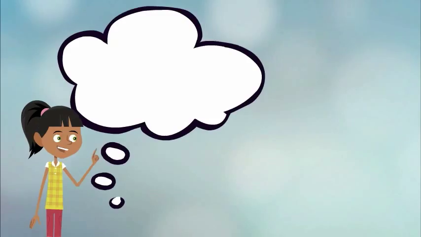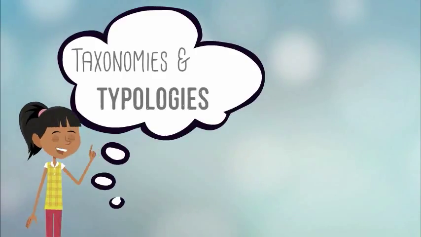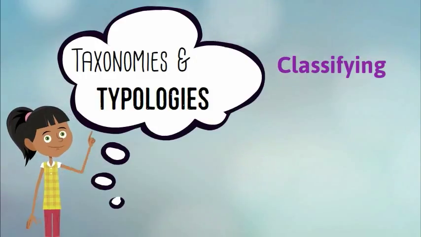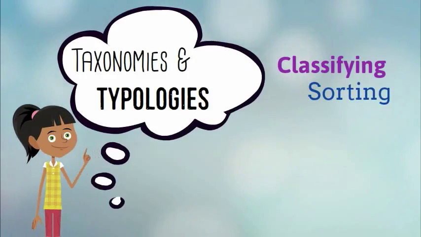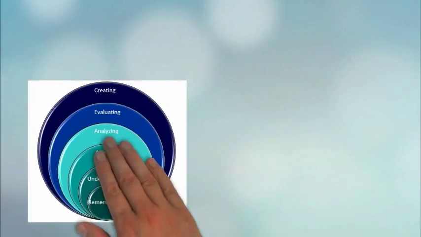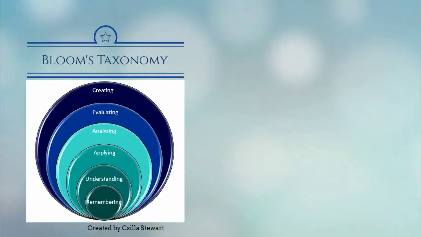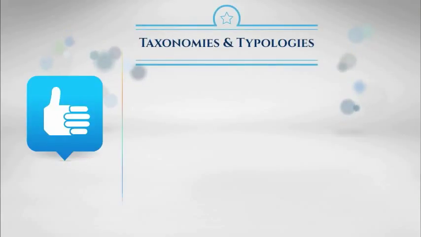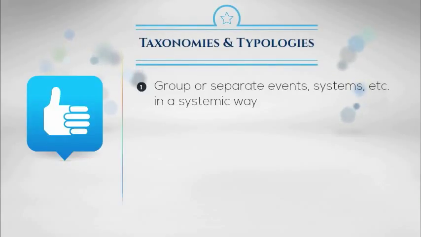The last tool I wanted to talk about are taxonomies and typologies. These are ways of classifying or sorting things or events according to a set of observable criteria. For example, the Bloom's taxonomy or biological taxonomies. Taxonomies and typologies allow us to group or separate events, systems, according to a systemic method.